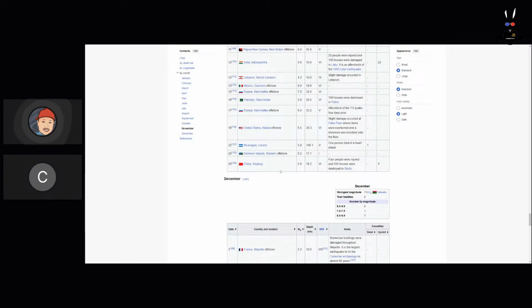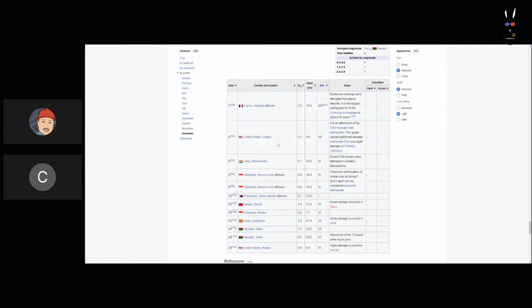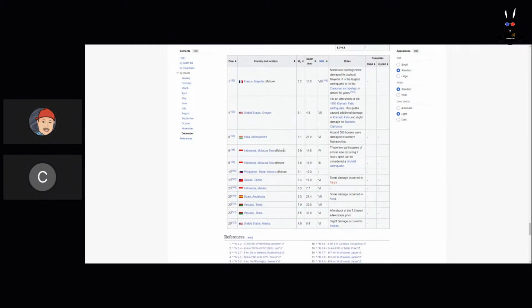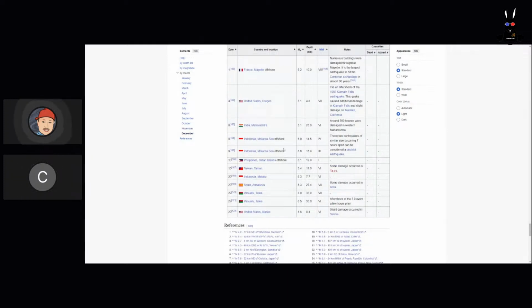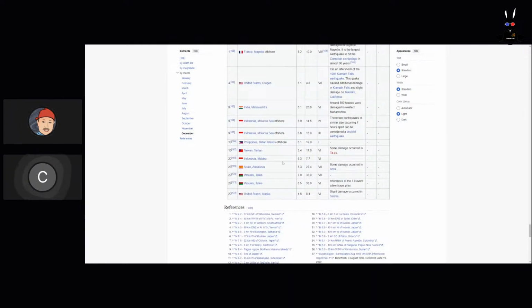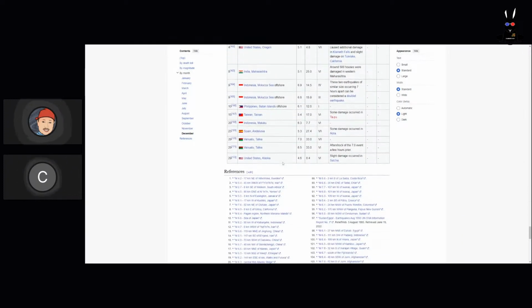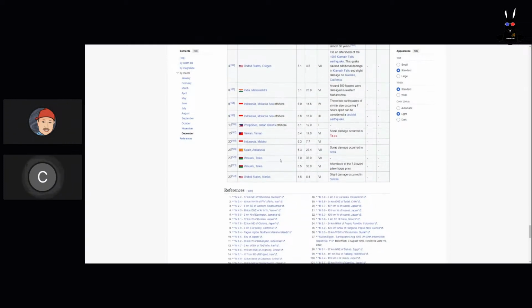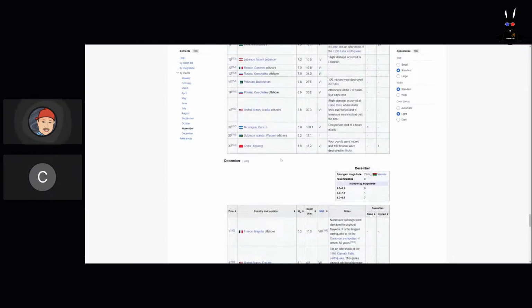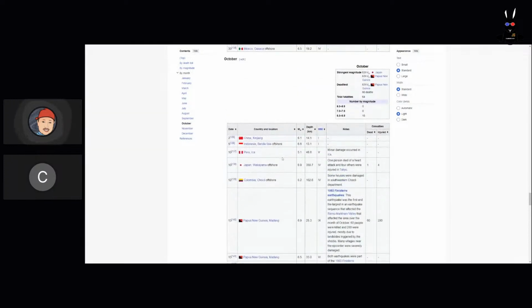Nicaragua 5.9. Oregon again a 5.1. Klamath. Oregon was going crazy then. That's December. Yeah. Because that's 3 quakes. Mainland Alaska had a little 4.6. And that was the lead up. That's all the lead up to what was going on.